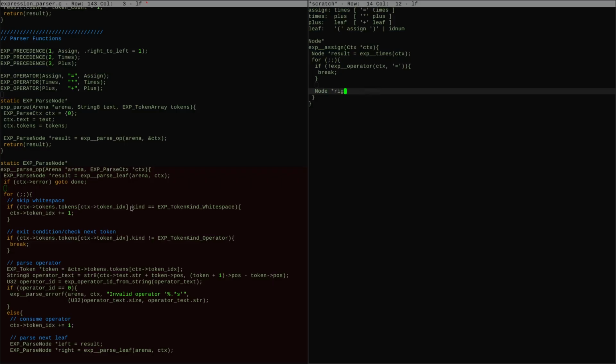You could actually simplify this and just go like exp times context, and then result equals something like join, you know, whatever, it's node operator. Let's say it's like result, and then the equal sign or something, right?